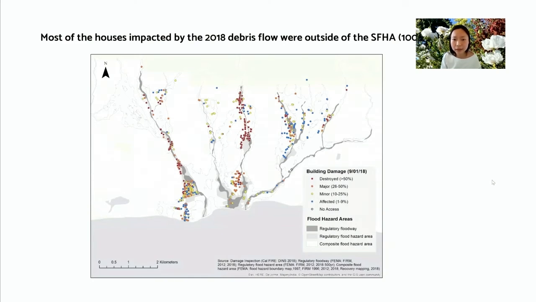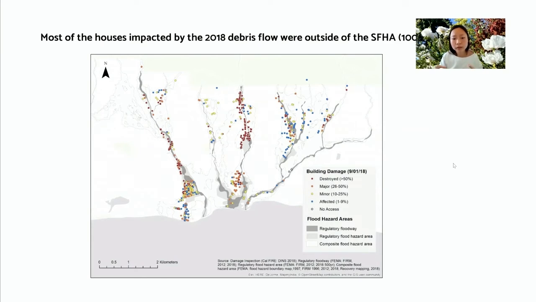And one of the significances of the extended flood hazard area can be represented here. If you look at the property damage by the 2018 debris flow here, where the red dots indicate buildings that were destroyed, the orange dots indicate buildings subject to major damage, and the yellow dots indicate buildings subject to minor damage, you notice that a lot of these buildings actually sit outside of the regulatory flood hazard areas, but they're still within the extended flood hazard areas.